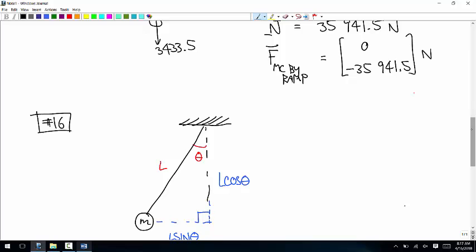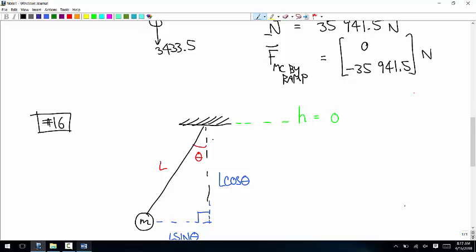First thing we have to do is choose a zero height. So I guess the easiest thing for zero height would be to put it here. That's going to make all the potential energies negative, but that's not a problem because all that matters is the change in potential energy.